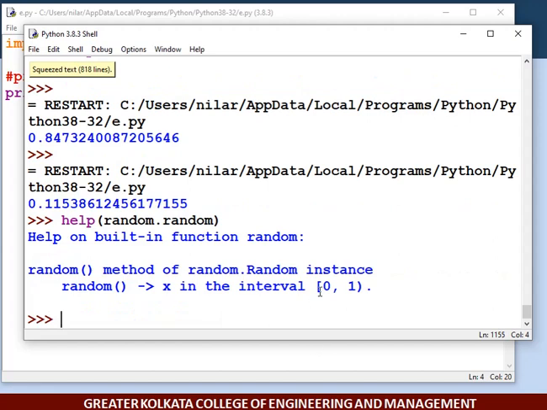Within this interval, this is a closed interval and this is an open interval. Randomly a value will be generated within this interval. Mind that this is closed and this is open. 0 up to 1, that will be the range.